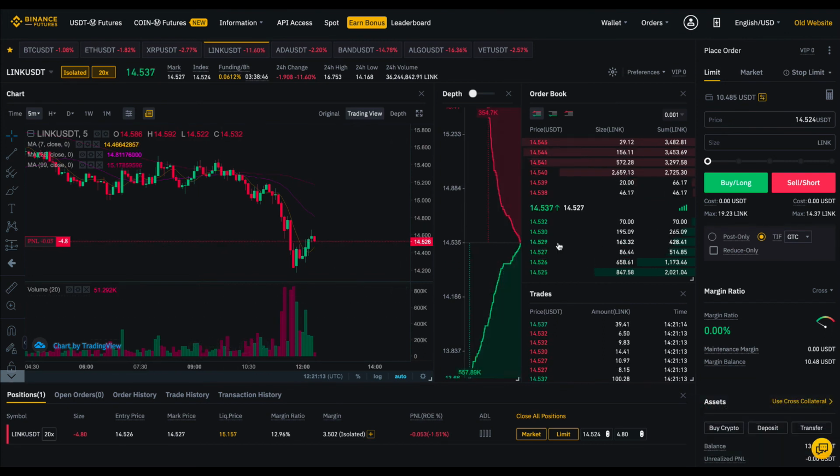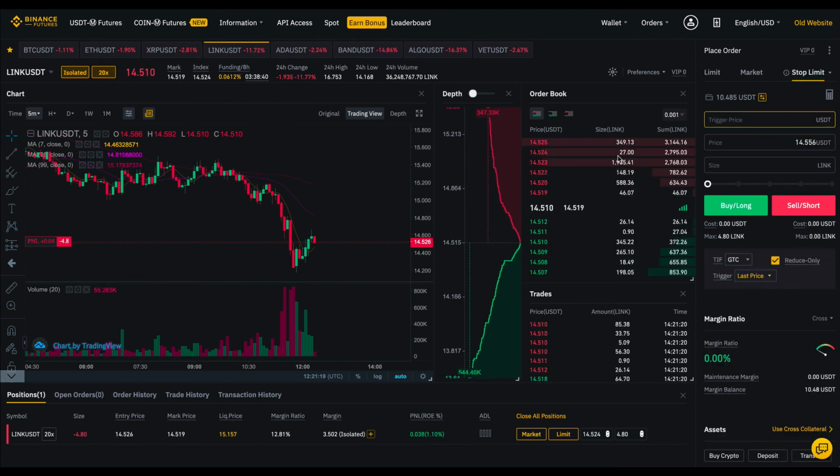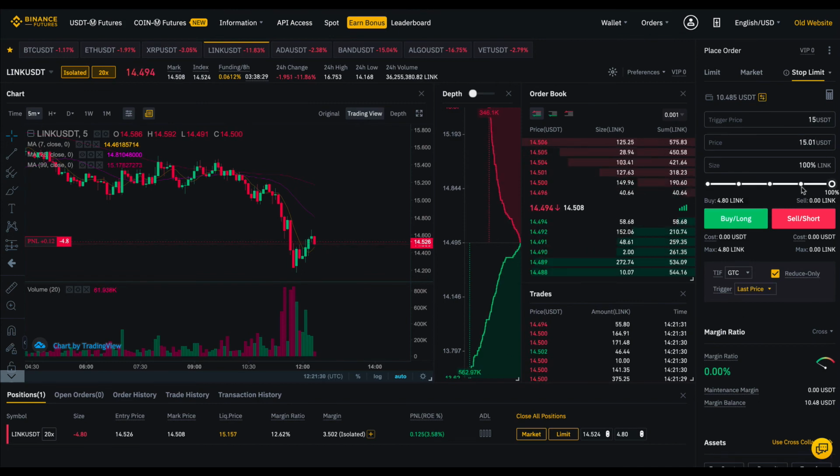The stop limit of 15. And we want to get out at 15.01. I'm going to buy.